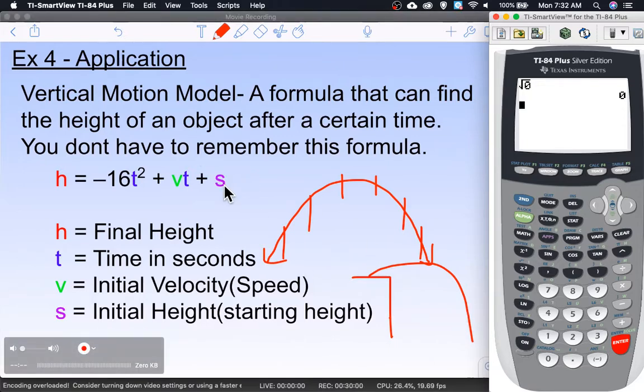So starting at your starting height and the initial velocity, the speed that you're throwing the thing at, we can calculate the time in seconds it would take for this thing to reach some other height. We could figure out the top of the parabola. We could figure out when it hits the ground, all sorts of things.